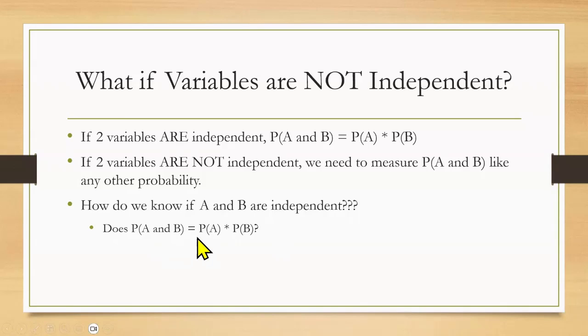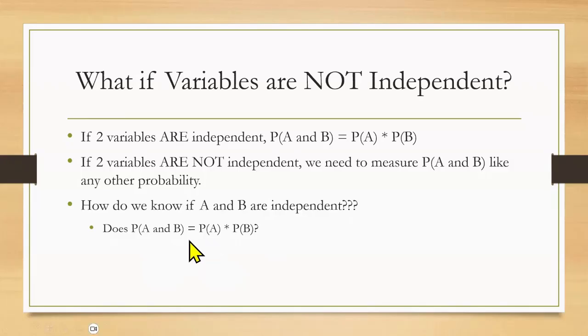If they do equal one another, then our two variables are independent. If they do not equal one another, then our variables are, in fact, not independent. And the structure of how we do that comparison is that we calculate the chi-square test statistic.